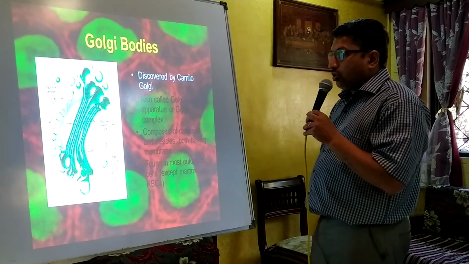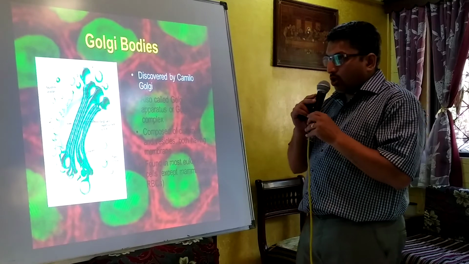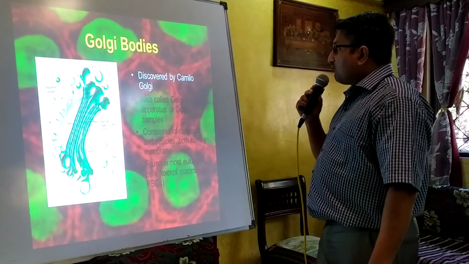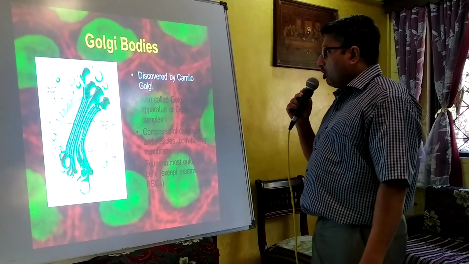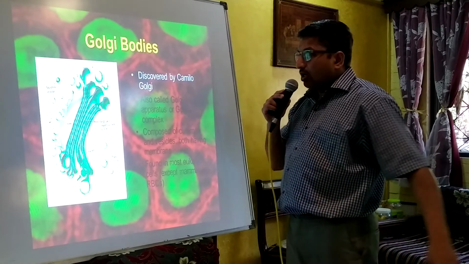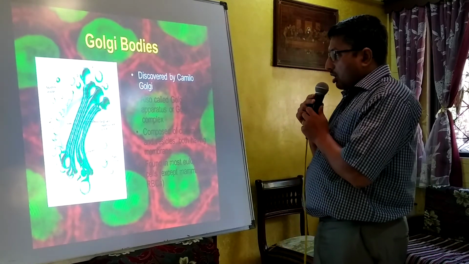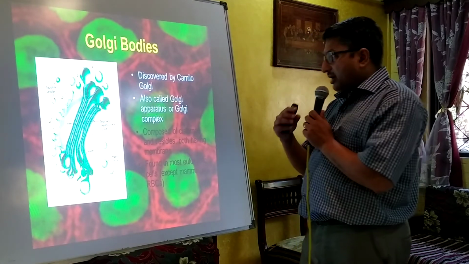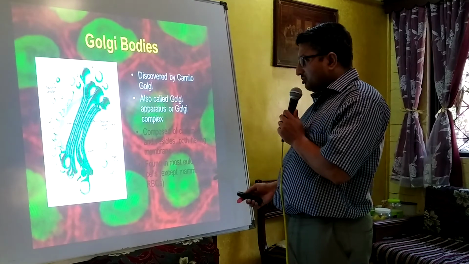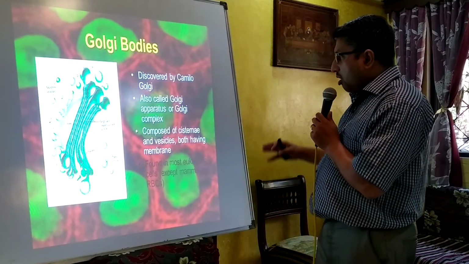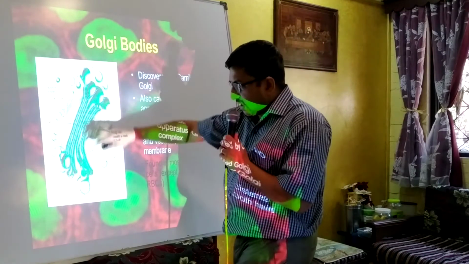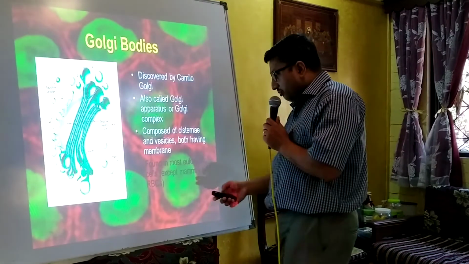Then we move on to Golgi bodies, or what we call the Golgi apparatus. It was first discovered by Camillo Golgi, hence the name Golgi. We notice that the Golgi apparatus is very complex, sac-like structures consisting of laminae, what we call the paratha-looking things, one on top of the other.